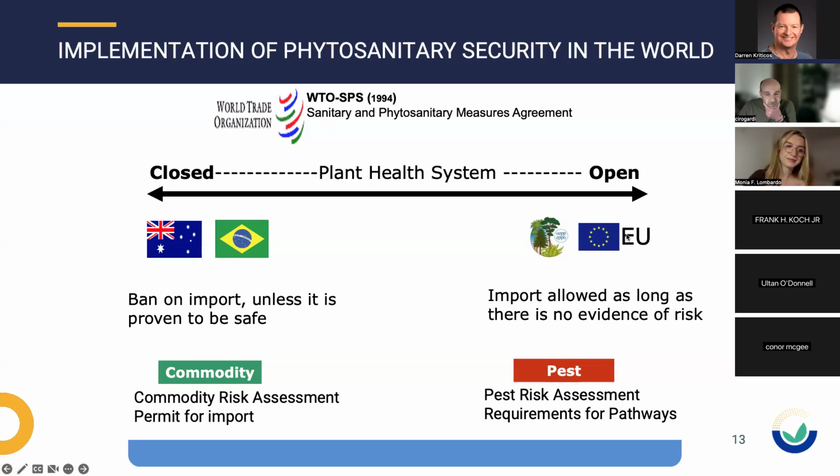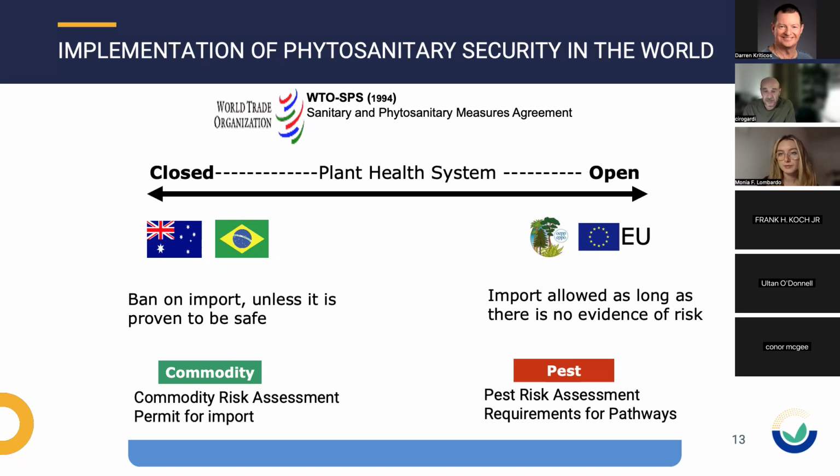So the European Union so far, contrary to the vast majority of other countries, has been and still is an open system. The import of goods is generally allowed as long as there is no evidence of risk.